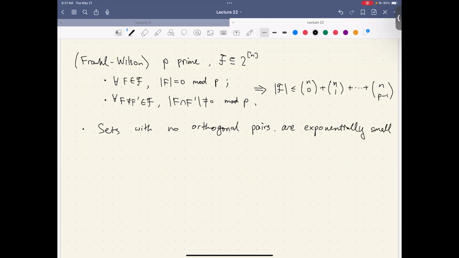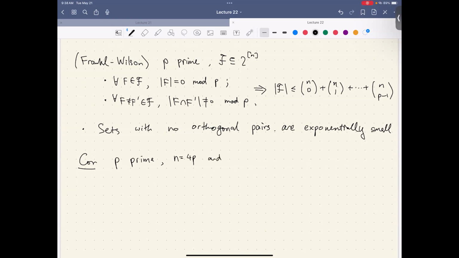Okay, let's make things precise. Let me directly write the statement. We have P, which is a prime, and n equals 4P.